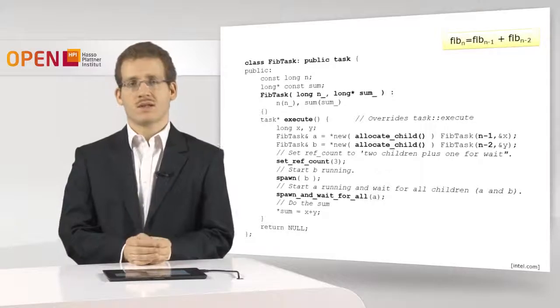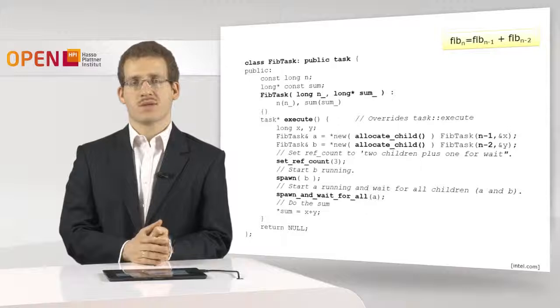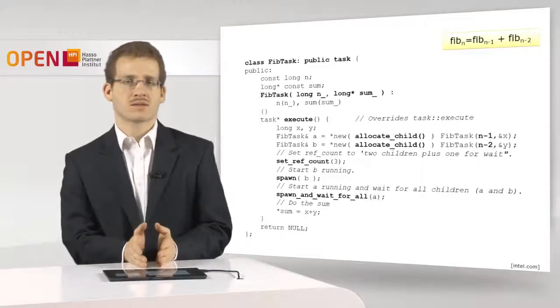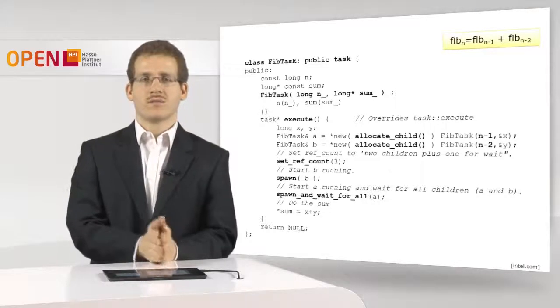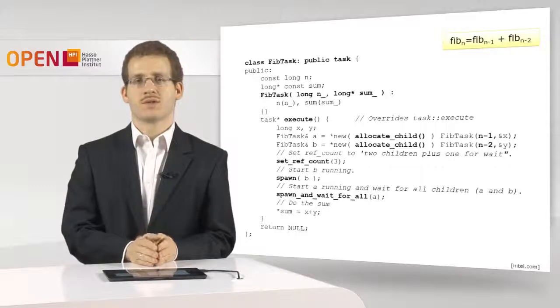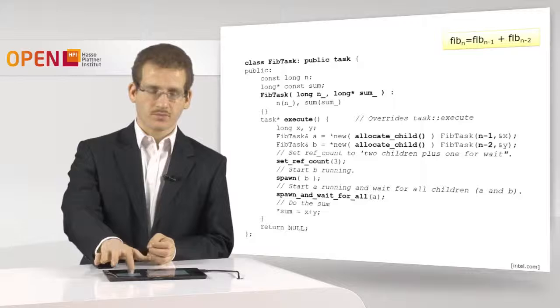You also see that there's an explicit spawn statement and a combined spawn and wait statement. So there are different ways of starting new tasks and letting them run. It's all object-oriented, so it relates to C++ only, which gives you the chance to work with high-level abstractions in your parallelization.